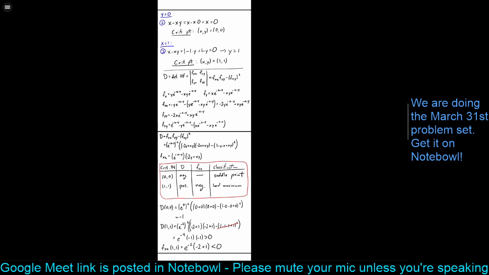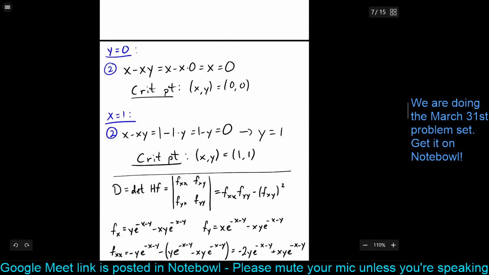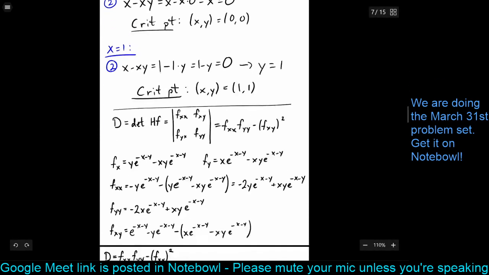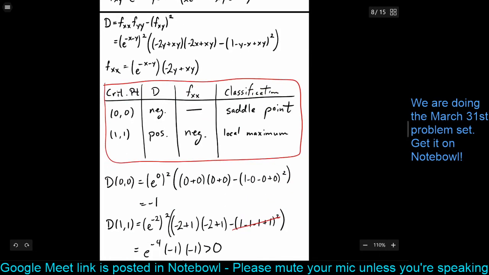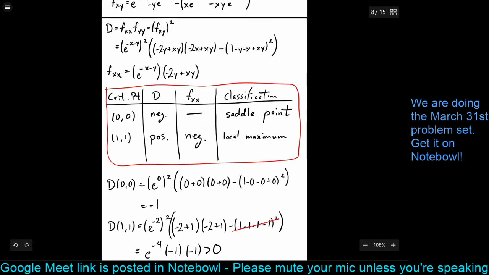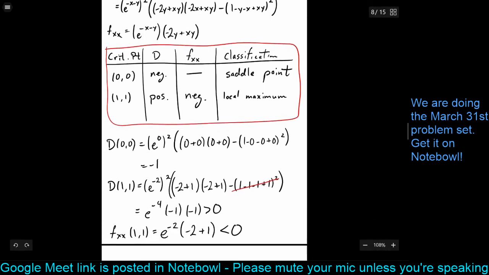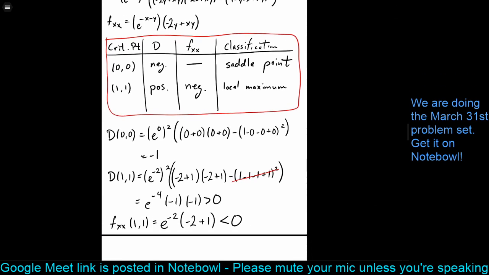So the first part, before this determinant stuff, is finding the critical points. But when we're classifying them, we take those critical points and plug them into that determinant and into fxx. Okay, fine. I was just doing the plugging in underneath that chart. You can put the chart at the very bottom if you want. Okay, no problem.